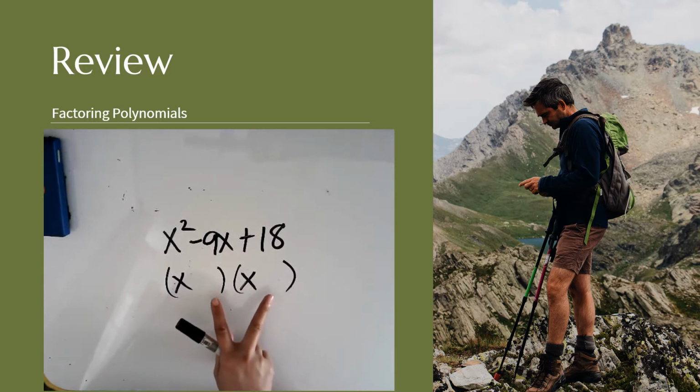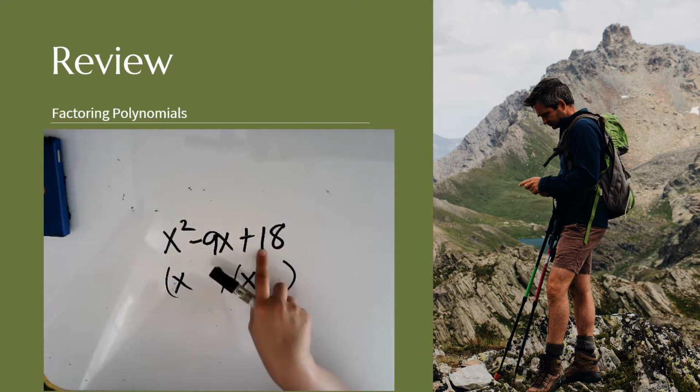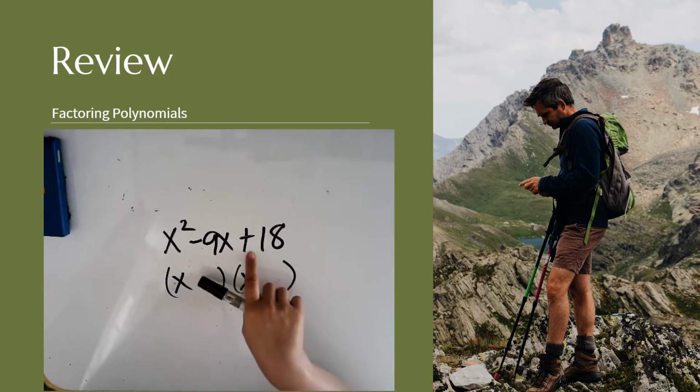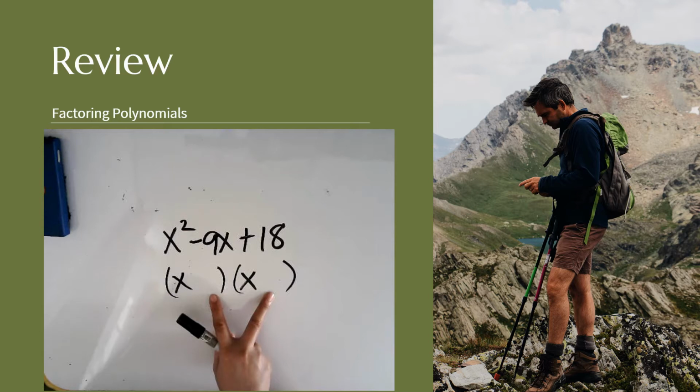Either they are both positive or they are both negative, because positive times positive is positive, and negative times negative is also positive. So again, if the third term is positive, it means the factors should have the same sign.